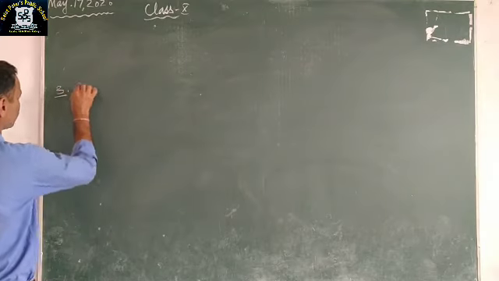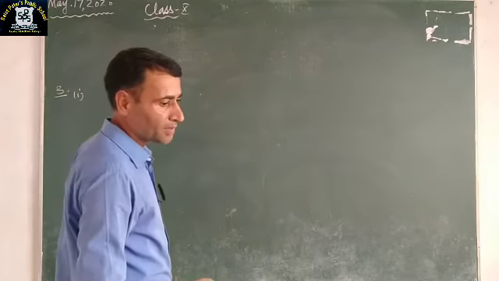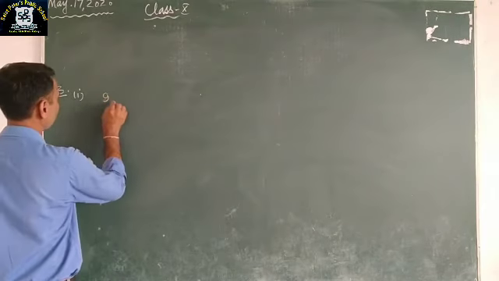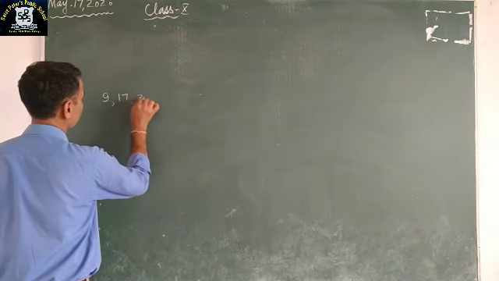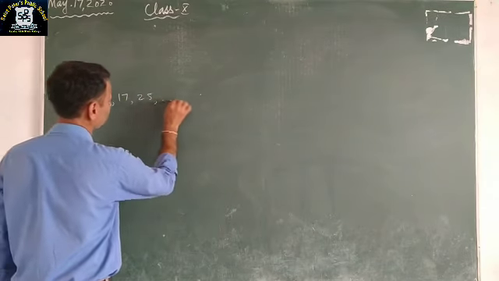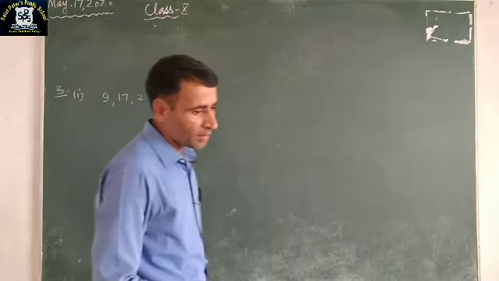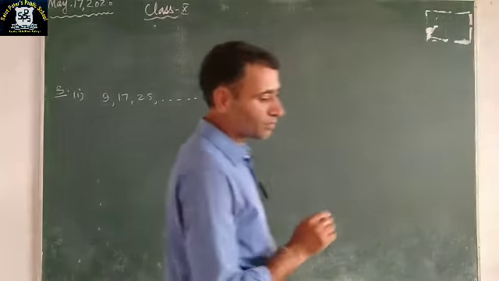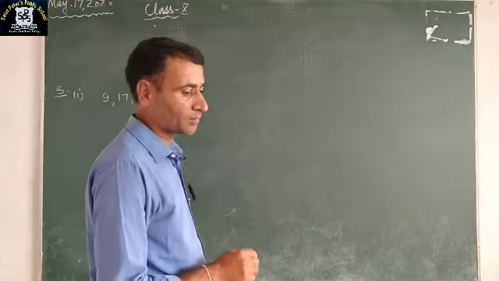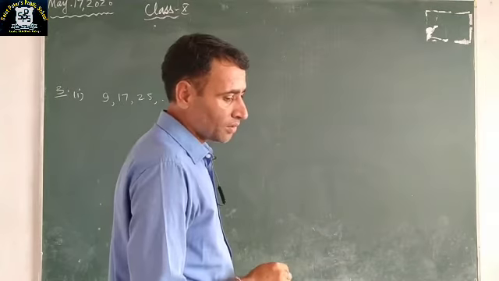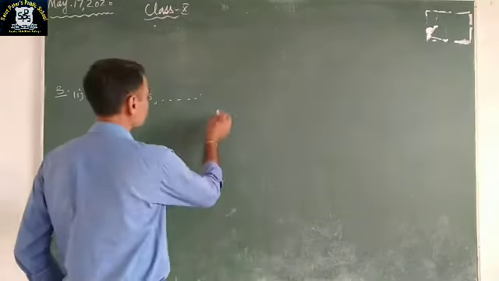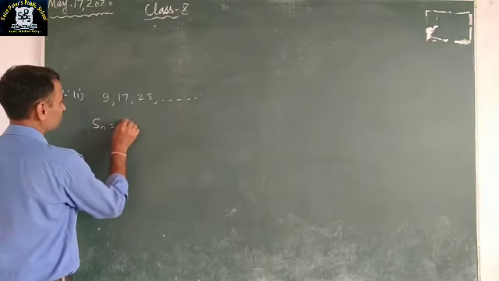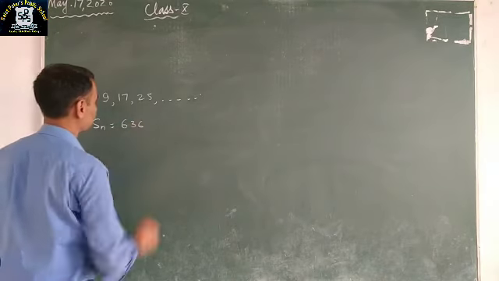The given AP is 9, 17, 25. The question asks how many terms of this AP should be taken so that their sum will be 636. So Sn is 636.